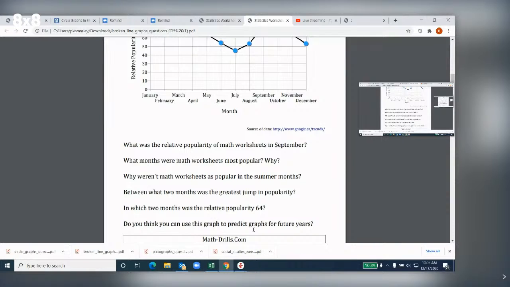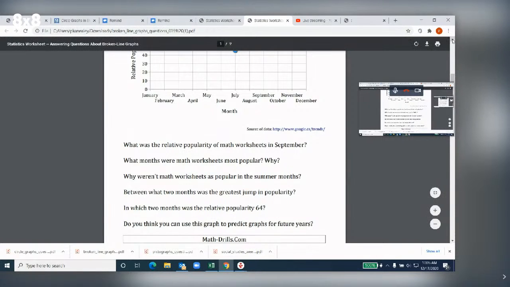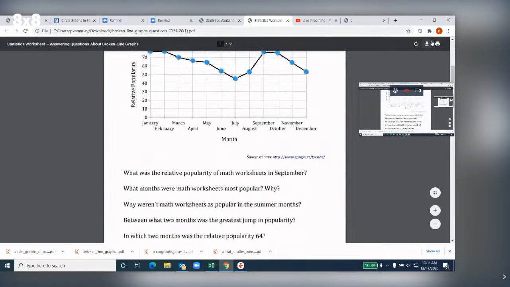And obviously, if we asked you to do it like this year during the pandemic, when people are basically doing everything schooling from home, it's probably even gone up. So I would say this is a pretty good indicator because it shows when school's in session, people are looking for math worksheets. Okay, so once again, like I said, there's not a right or wrong answer. You could say no if you want to, but you just have to come up with a reason why.